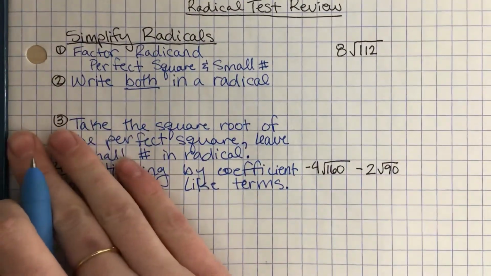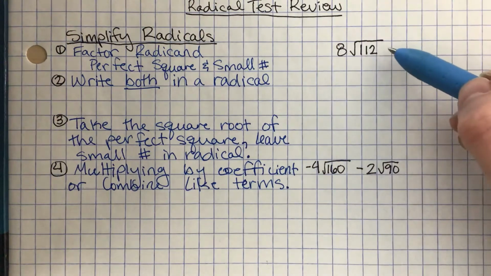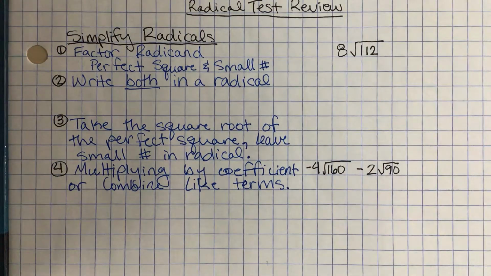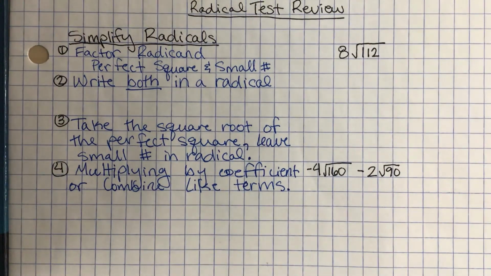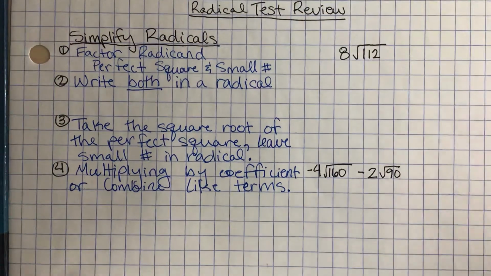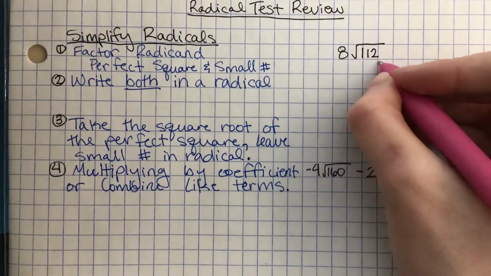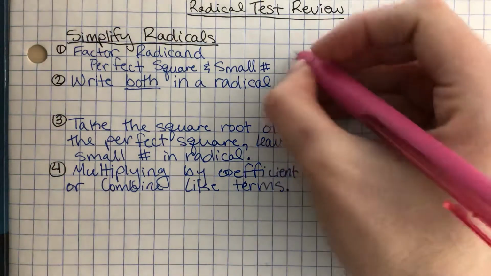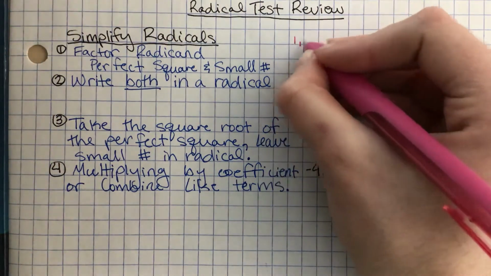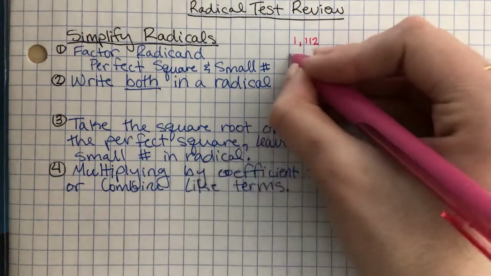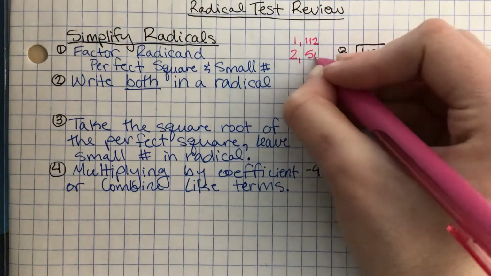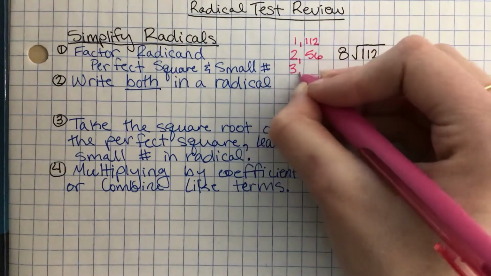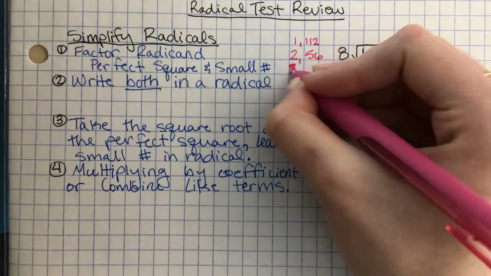The first thing we want to look at is 8 square root of 112. So now we would want to first, like we said, we know 112 is not a perfect square, so we would want to list the factors. So the factors of that would be 1 and 112, 2 and 56, 3 doesn't work, so we don't want 3.